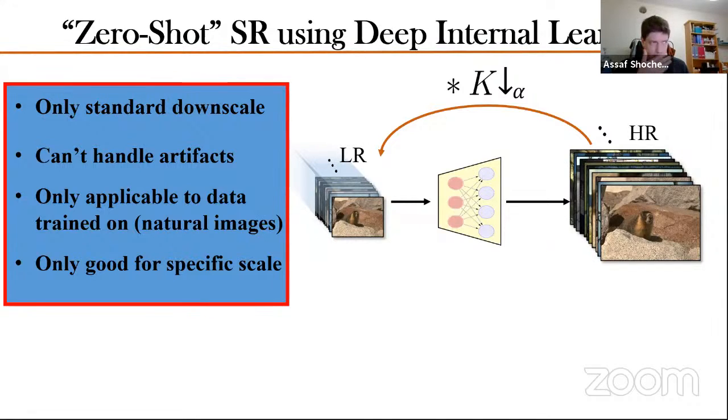It would be applicable to whatever data you get on the fly, can handle artifacts, and can actually handle any type of downscaling method, once you can estimate what downscaling method was used.